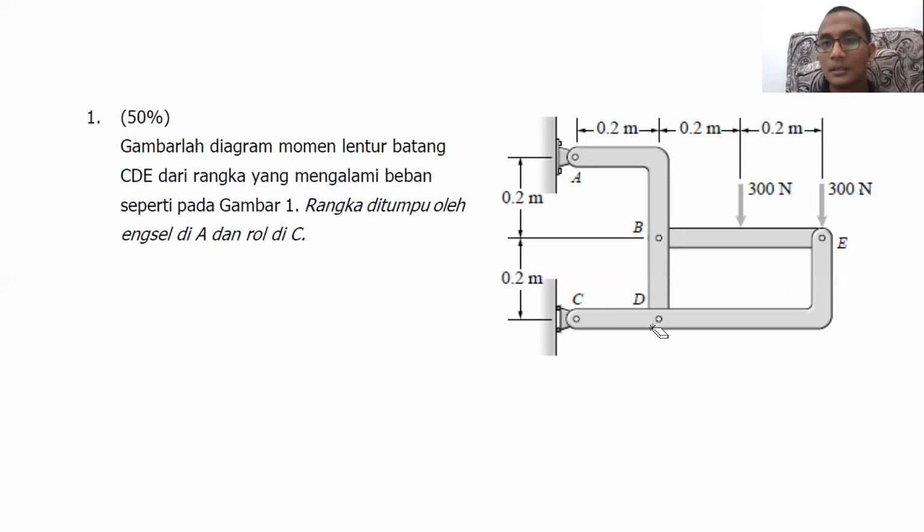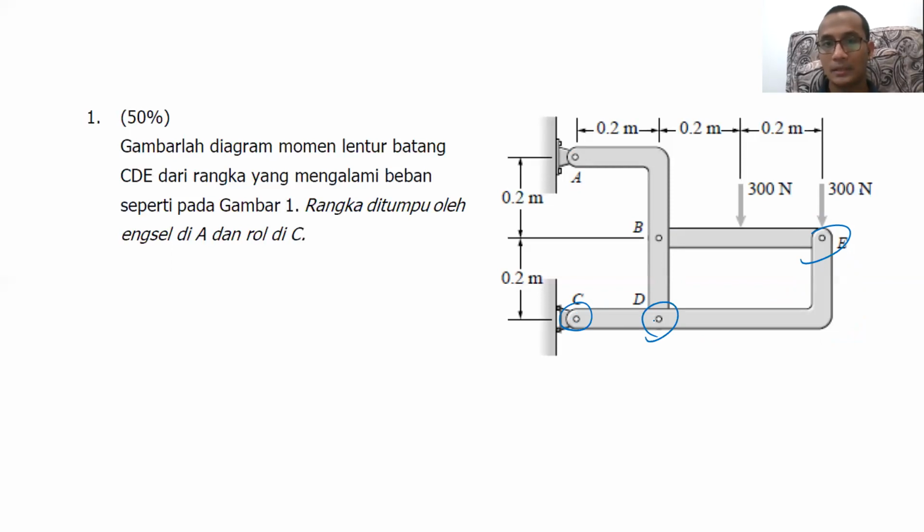And the main problem here, actually there are two. The first main problem is to find the reaction forces at C, at D, and at E. Because E is a pin, it's supposed to be EX and EY.